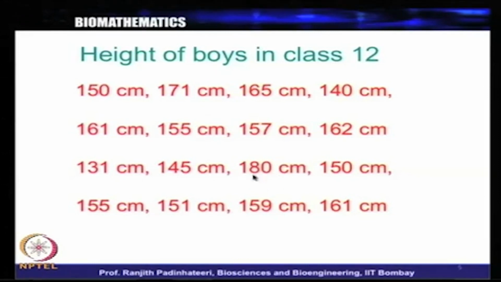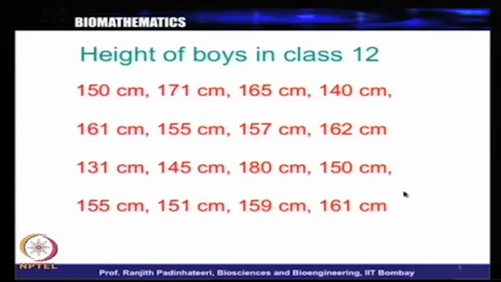There is nothing bigger than 180. As you see here, there is one person of 180 centimeters, and one very short person of 131 centimeters, and very tall persons, and others somewhere in between. So you have a large number of such numbers. This is not ending here, this is just a continuous list.